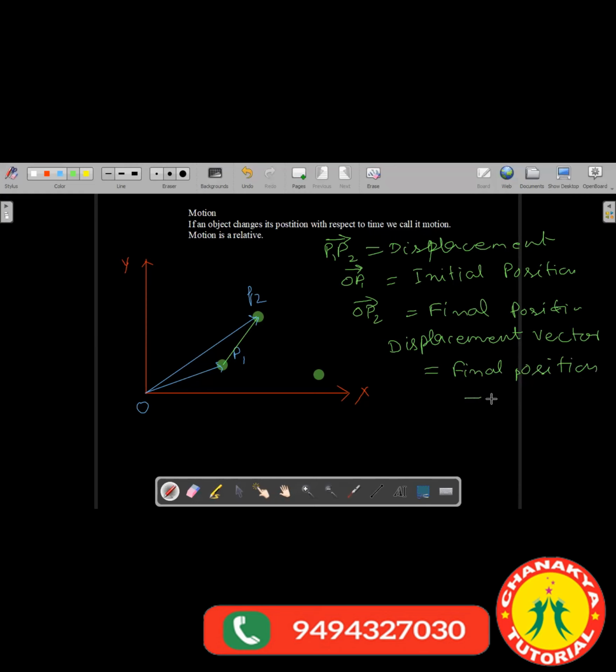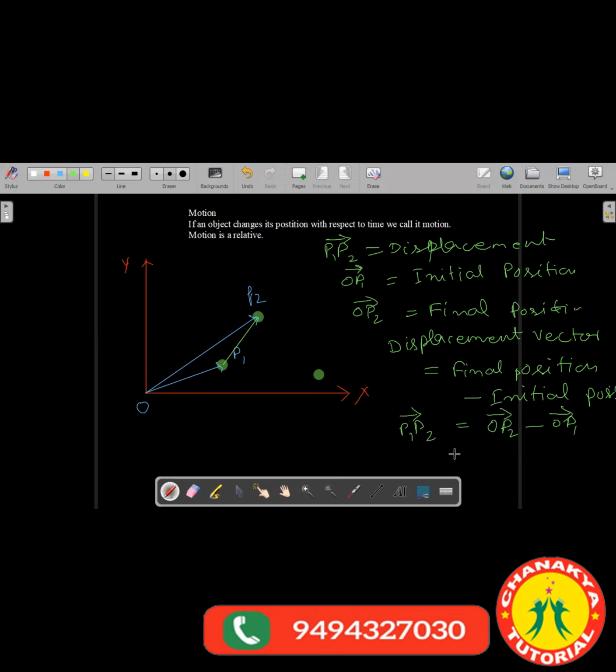So the displacement vector P1P2 is equal to the change of position, where we have the final position OP2 minus OP1. This is another way of finding the displacement in terms of vector quantities.